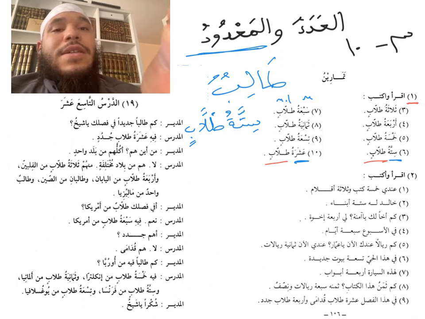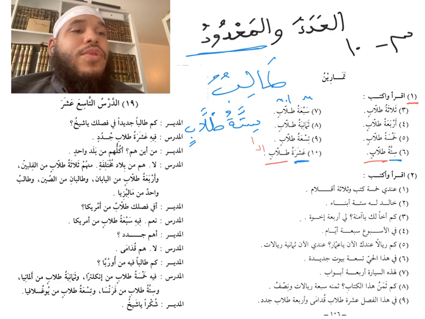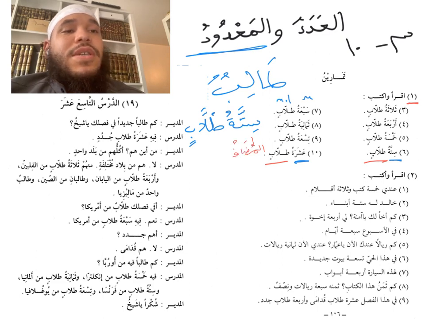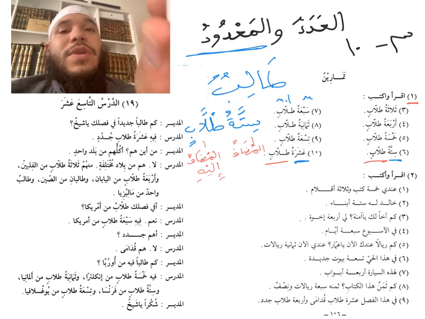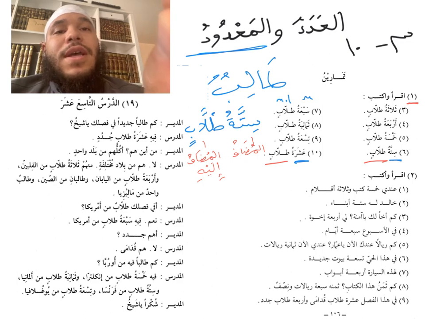If we're analyzing this sentence, then we're going to say al-mudafu, this is the possession or the relative thing, al-mudafu ilayhi, the thing that is related to. And that mudaf ilayhi, as we learned in lesson 5, takes what?